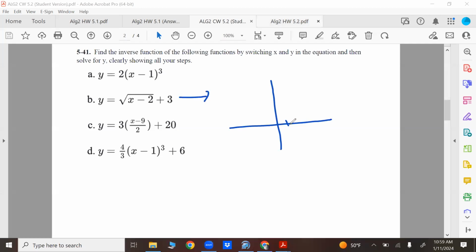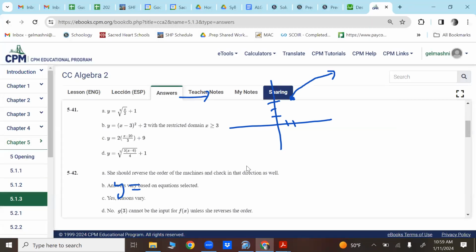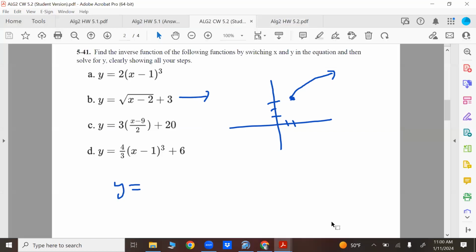The graph looks like this: 2 right, 3 up. And the inverse was this: y equals (x minus 3) squared plus 2.